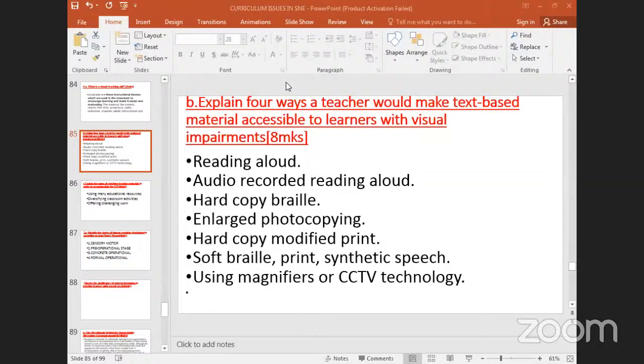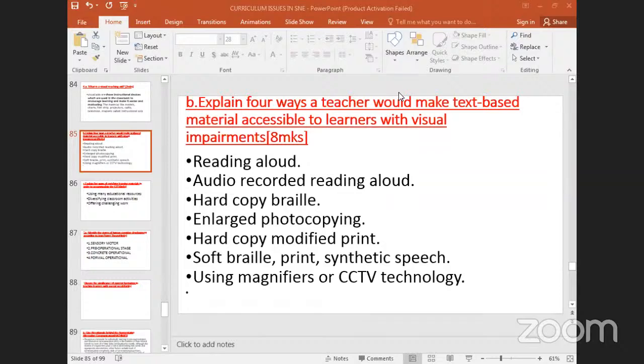Sijaona devices, but whatever they've given, for example, the resources include communication boards, sign supported speech, talking books, and then bliss symbols. So that is on the materials for supporting learners with different special needs. Right.